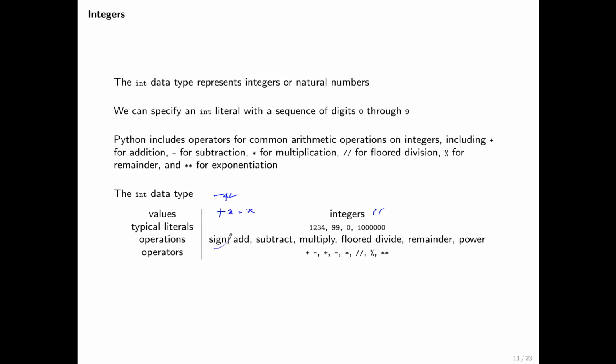Those are the unary plus and minus operations. In addition, you can add two integers, subtract them, multiply them, perform integer division, calculate the remainder, and exponentiation, and these are the corresponding symbols. So you have the sign operators, plus, minus, and then addition, subtraction, multiplication, floor division or integer division, remainder, and exponentiation.